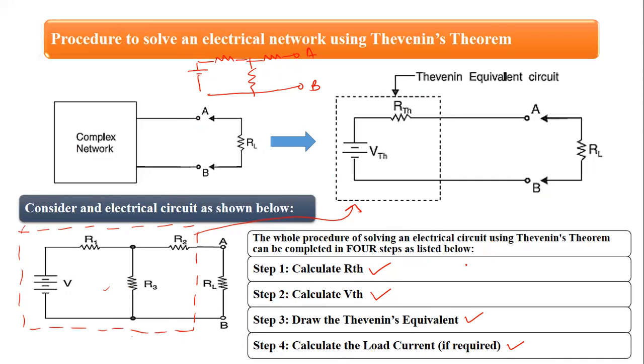So if it is asked to you to calculate the load current, then calculate the load current. Otherwise, you can leave it up till step 3. Okay, you can stop here also at step 3. Step 4 is only done if IL has to be calculated as per the statement of the question.